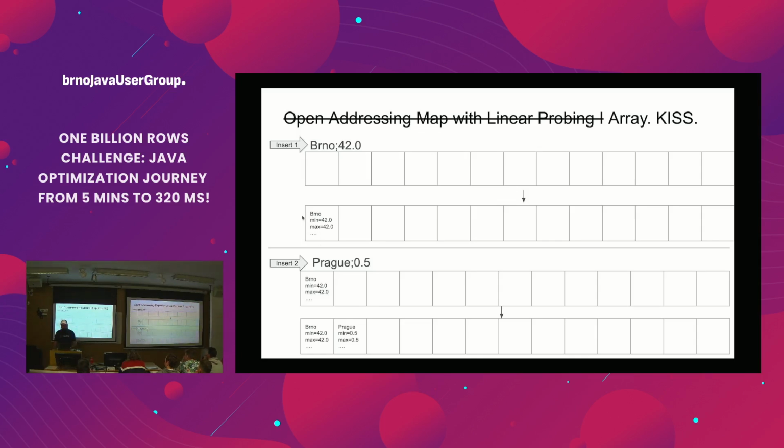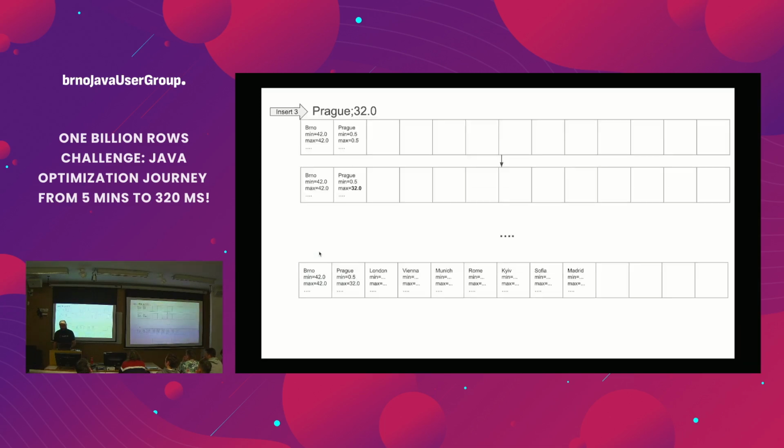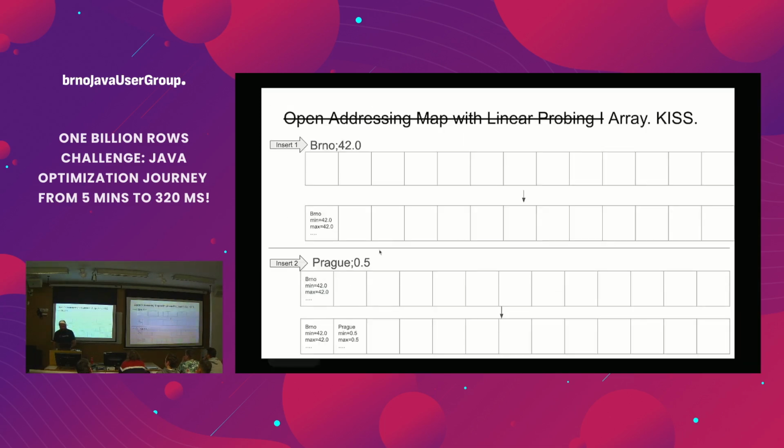So now, after the first insertion, the array looks like this. Then we have a second insertion, 0.5. Same algorithm. Start from the first slot, the first array element. Is it empty? No, it's not. Then do a comparison between the name of the city in that element and the name of the city you want to insert.